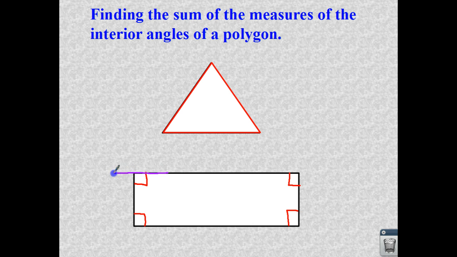So I'm going to extend my top line, and it forms what you see, a supplementary angle, and we've talked a lot about supplementary angles. So if I were to do that to the top line, the side lines, and even the bottom line, these are all straight, which means they have 180 degrees.